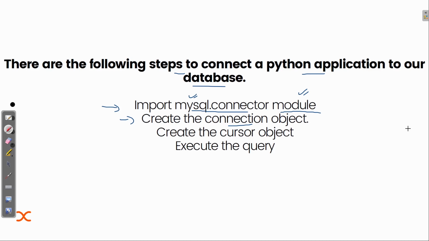You can print a message like "connected" to check whether the connection is established or not. Next, we create the cursor object. The cursor object is used to execute queries, that is, we can access the execute function by creating this cursor object.